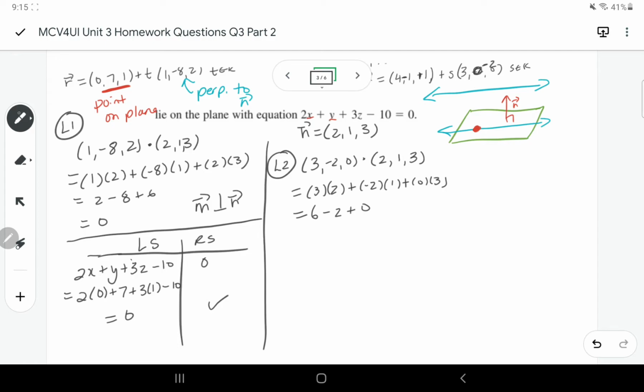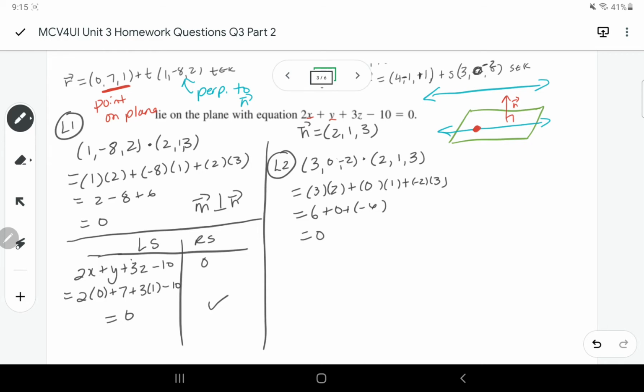So I had the wrong order here. 0, -2, and then if I swap this order around, then I think we work out. So then I've got 0 times 1 and -2. There we go. It is perpendicular. So then I get 0 plus -6, which is 0. So that is perpendicular to the normal.